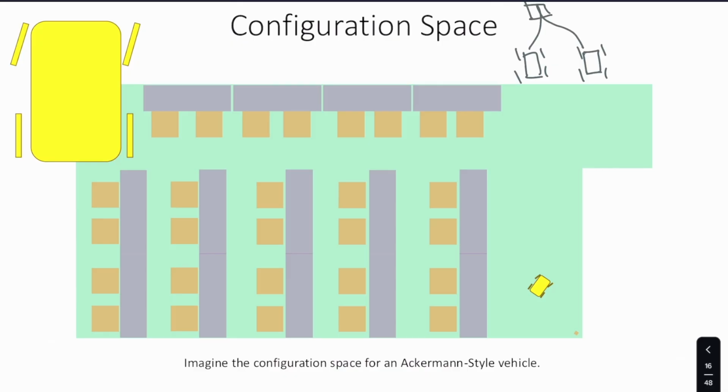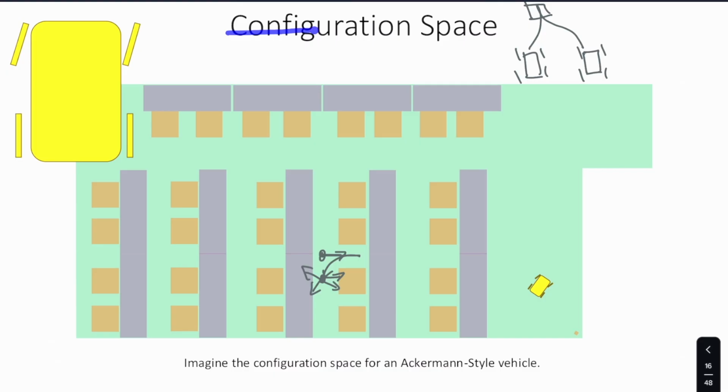Meaning I'd have to go through this third configuration to get to that other point. And so that means that our configuration space is a lot more complicated. I can't get directly from here to this point if I'm facing in this direction. I might have to drive forward and then back into this point. And again, if I want to be facing in a specific direction, it's not altogether obvious how to end up in that final direction. So you can be thankful that we're using this really simple differential drive vehicle.